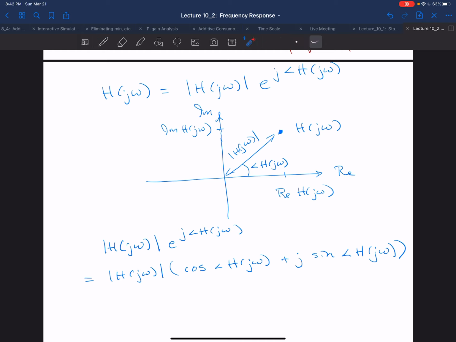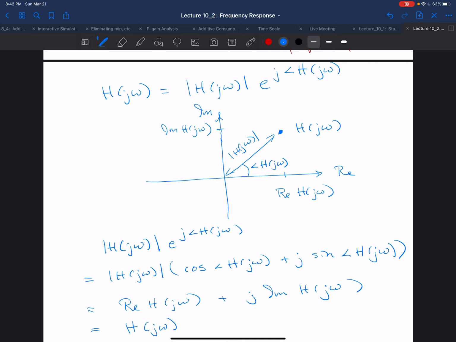But if we multiply the modulus of H(jω) by the cosine of its angle, we'll just get the real part of H(jω). And if we multiply the modulus of H(jω) by the sine of its angle, we'll get the imaginary part. So this simply gives us the real part of H(jω) plus j times the imaginary part of H(jω). And that, of course, is just H(jω) itself.